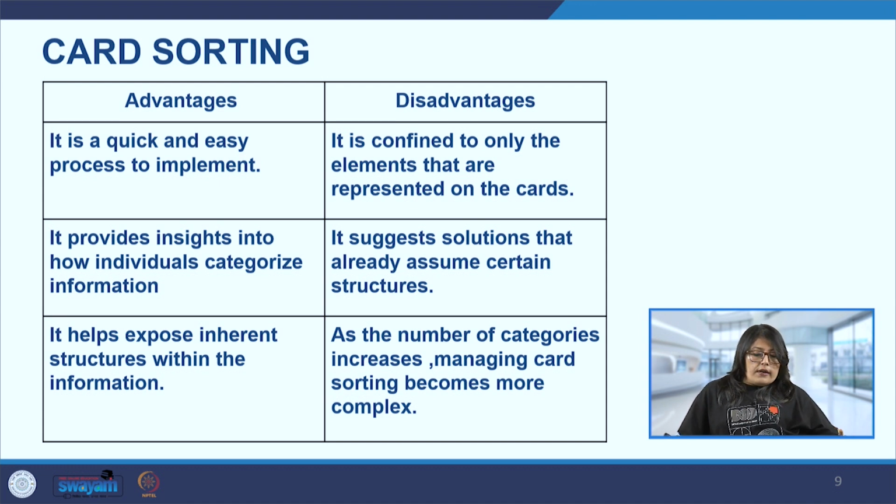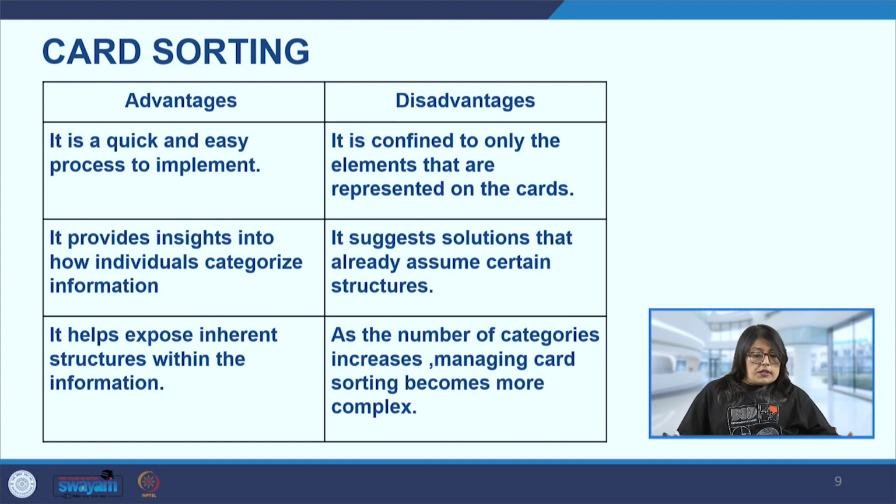But on the other hand, some disadvantages are that it is confined to only the elements that are represented on the cards. We are not adding any more cards here, we are just utilizing the cards that are given to the participants. Of course, depending on the method, open, closed, hybrid, the headings may be added or changed.